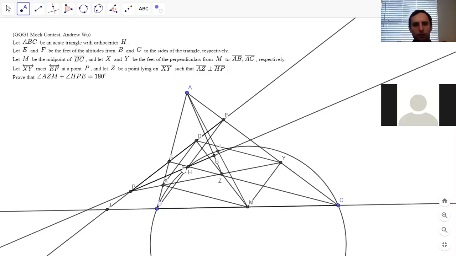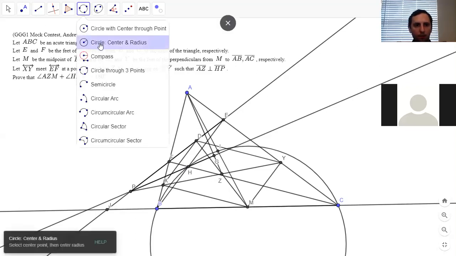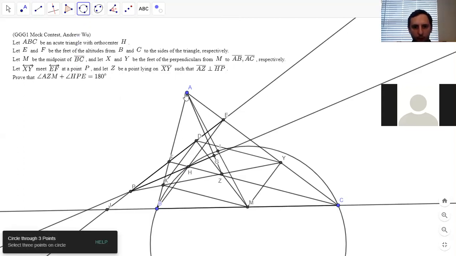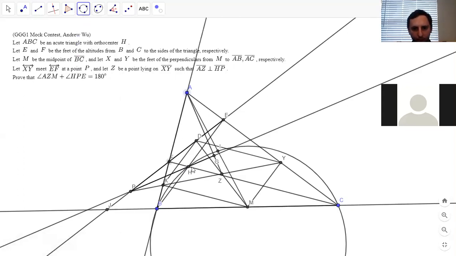Which is the same as showing, yeah, so if that were true, we would have like all these points on a circle, right? So maybe we could draw this circle and we could let G be this point, and then we want to show, I think it's easier to do that.